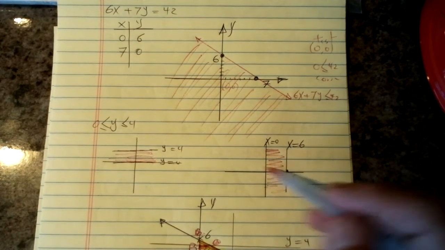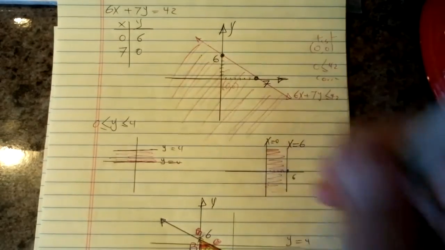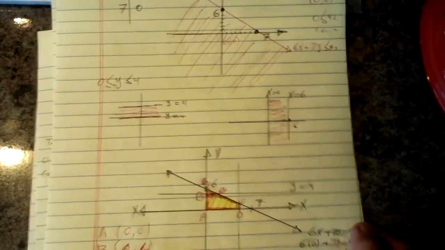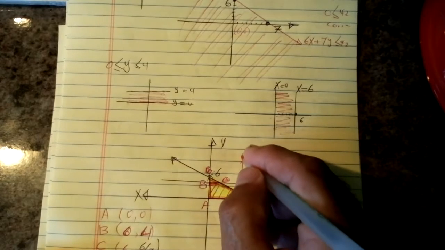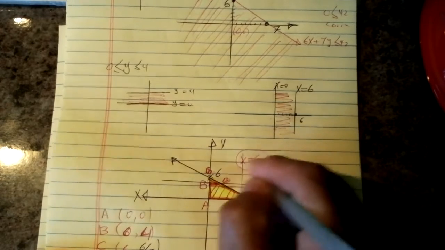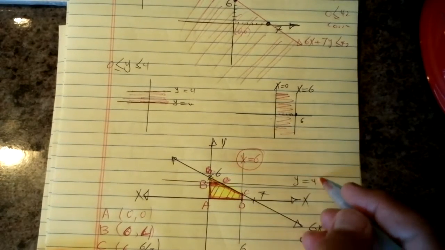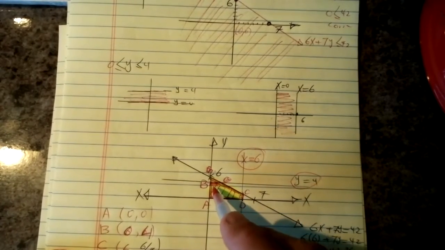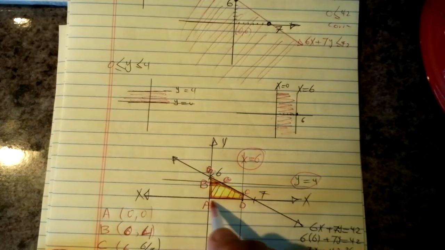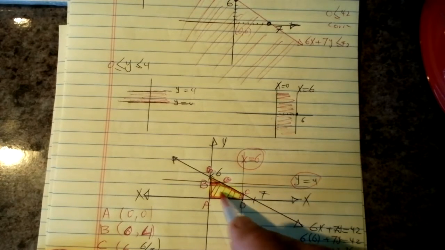Now, when you graph all these three using one x and y coordinate system, I have it here. This is x equals 6. This is y equals 4. And this is your line. So the area, again, is a trapezoid, located here in yellow.